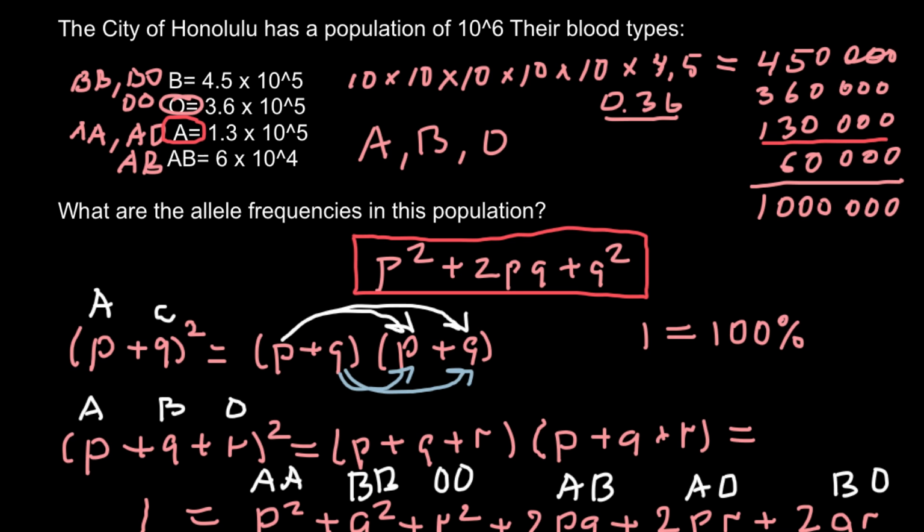If we divide 130,000 by the total number of people living in Honolulu, we would find that the frequency of this phenotype would be 0.13. But once again, this is not the frequency of the allele A, this is the frequency of the phenotype A that consists of two genotypes, AA and AO. So now when we know the frequency of the phenotype, we can proceed solving our problem.